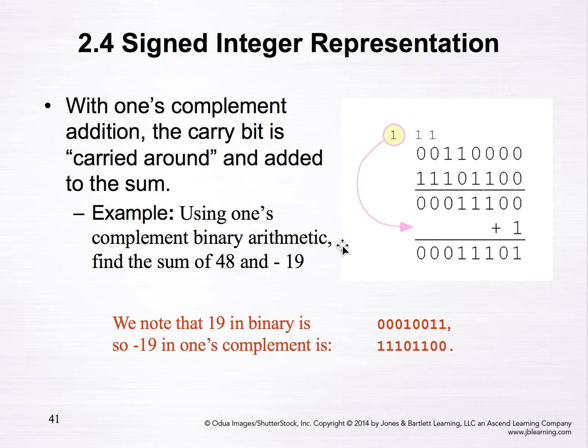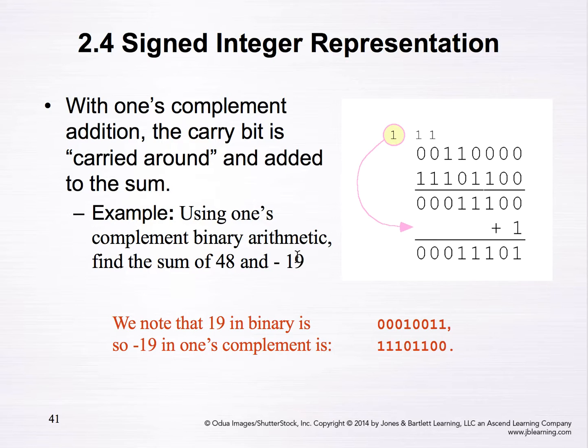In the first step, we convert 48 into binary and negative 19 into binary using one's complement representation. As we discussed before, for a positive number, the one's complement representation is the same as the binary representation of the number. So 48 is represented by the binary string right here.